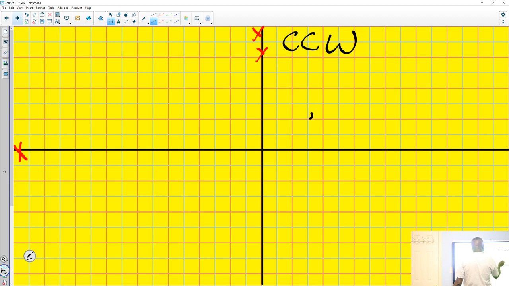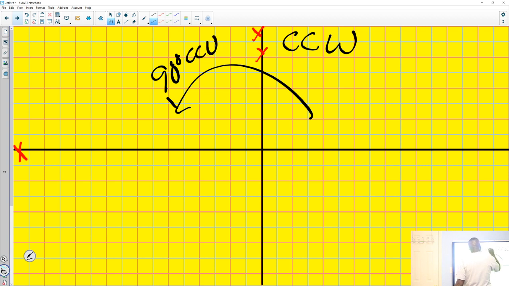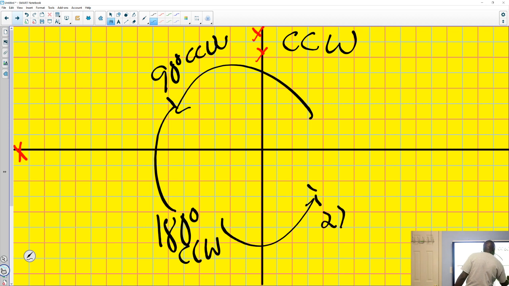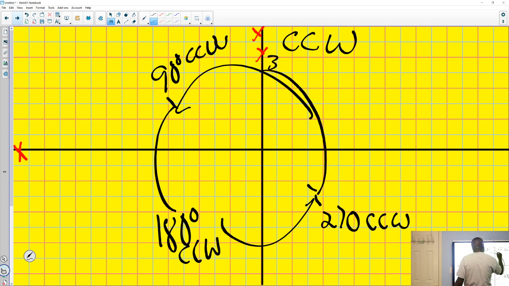So start right here, 90 degrees counterclockwise, and then 180 degrees counterclockwise, and then 270 counterclockwise, and then you back up here to the 360. We're not going to be talking about 360. We're going to be talking about the other one.